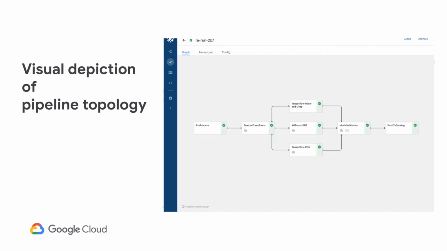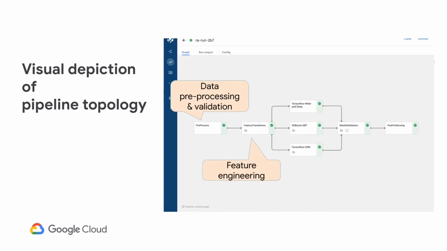In this particular example, it starts with data preprocessing and data validation steps, followed by a feature engineering step. After that, we fork out and train three different kinds of models in parallel, and each of these model training nodes encapsulates hyperparameter tuning within it.